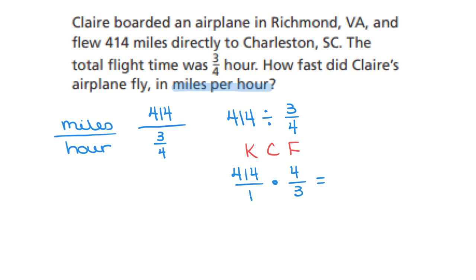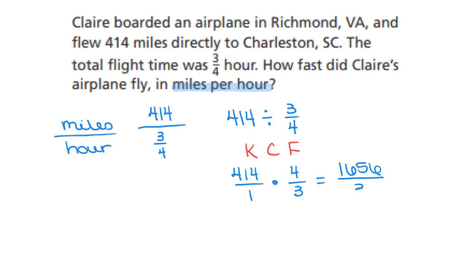What is the numerator going to be? 414 times 4. How much? Boy, slow. Anyway, it's 1,656.